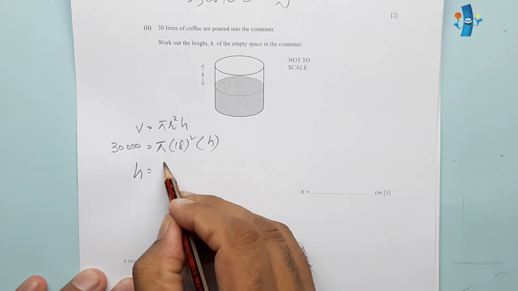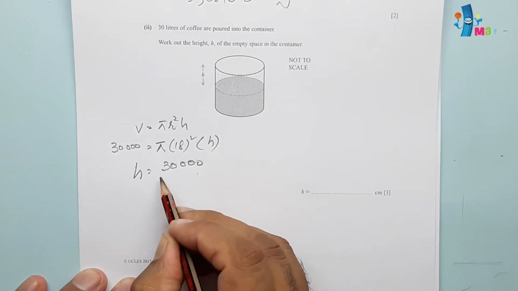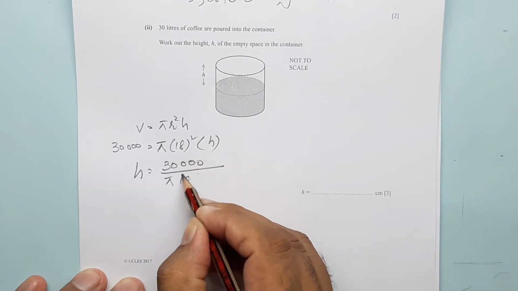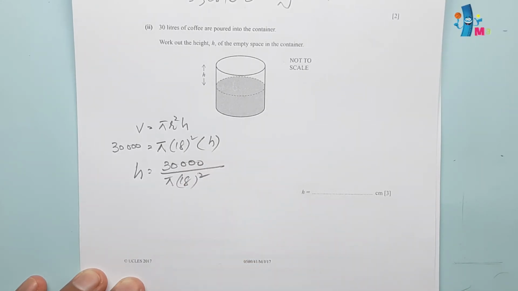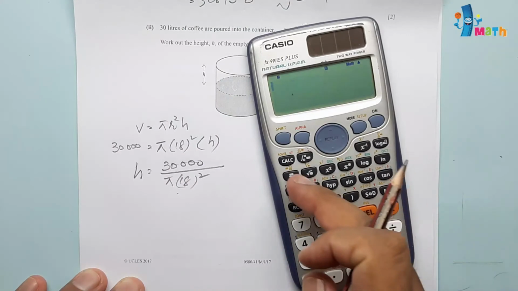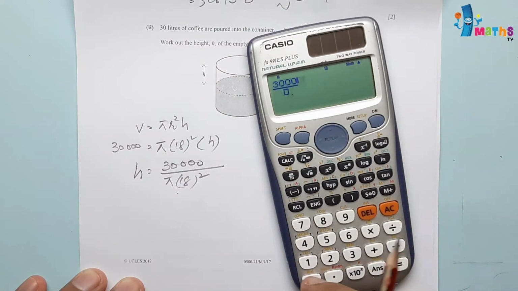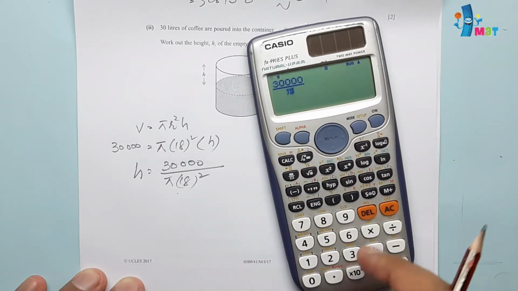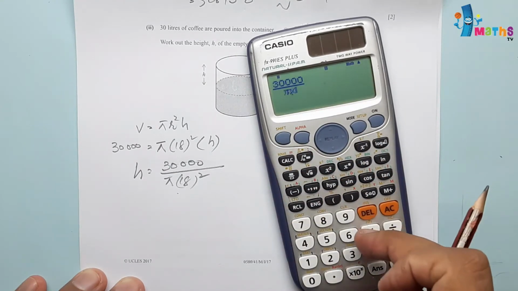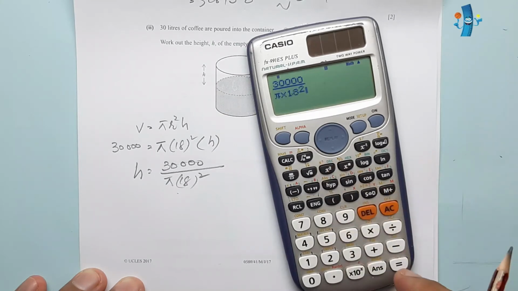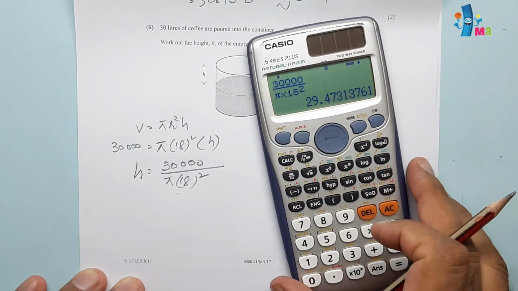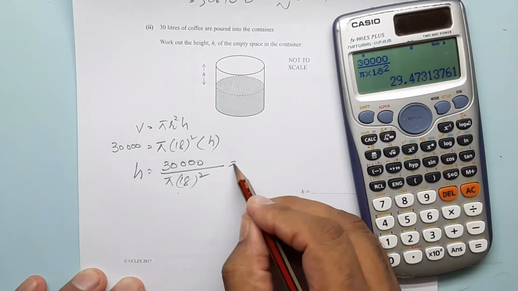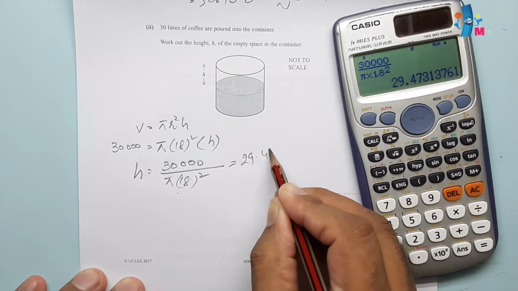So h will be equal to 30,000 divided by pi. We will shift this to the other side, so this will go as denominator, 18 squared, and after calculation, 30,000 divided by pi multiplied by 18 squared will be equal to 29.47.